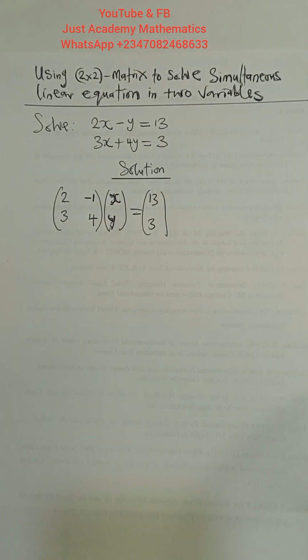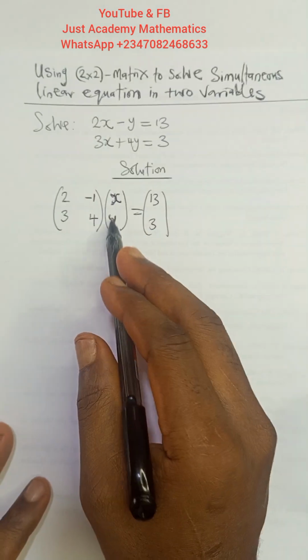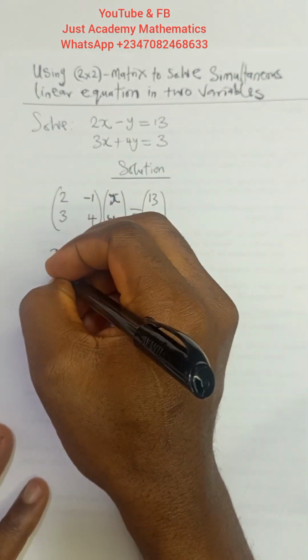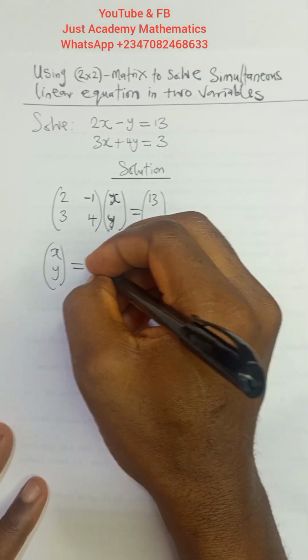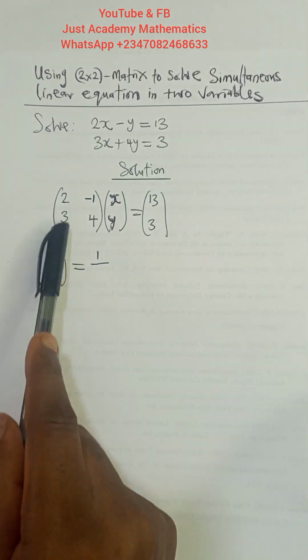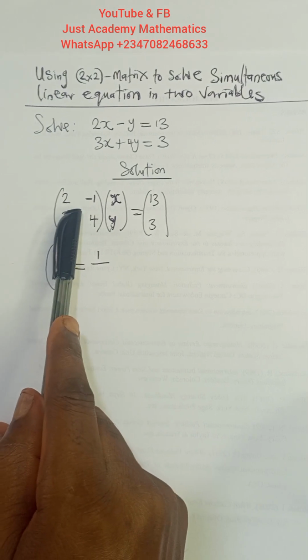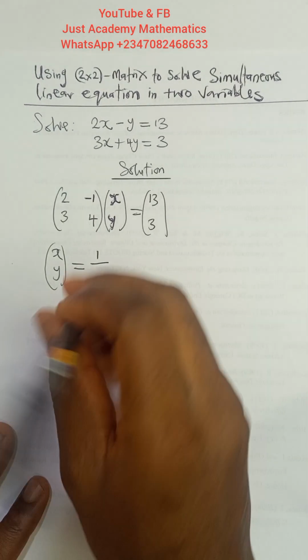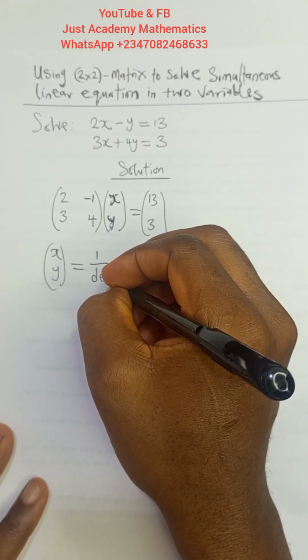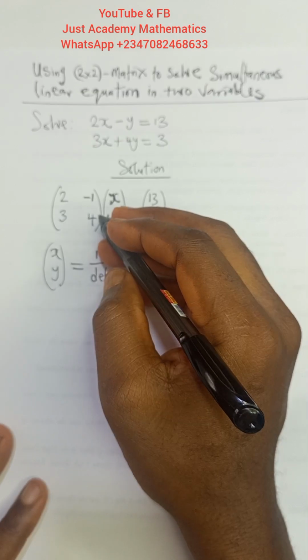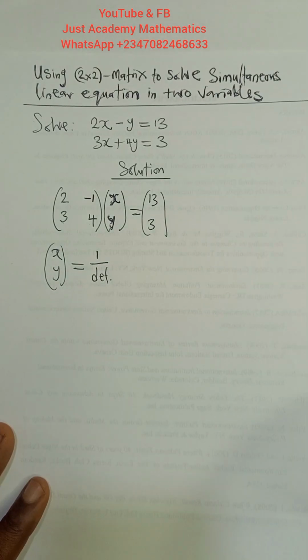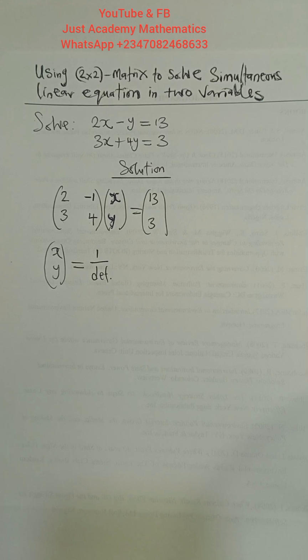Now that we have done that, the next thing you are going to do is to make x and y the subject. This is what I mean. x, y. Once you make it the subject, you are going to get 1 over the determinant of this. Assuming this is matrix A, what is the determinant of this matrix? Let's just call it determinant for now. Then 1 over the determinant of that, are you following now? Times the matrix that we already have.